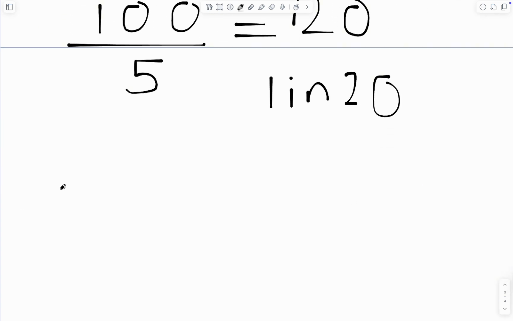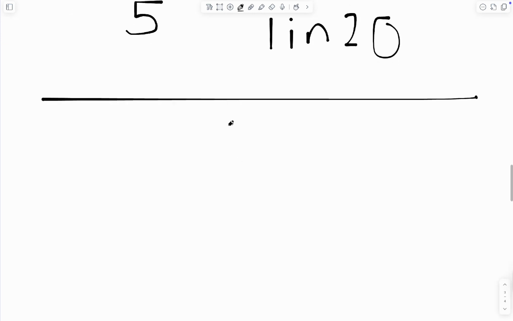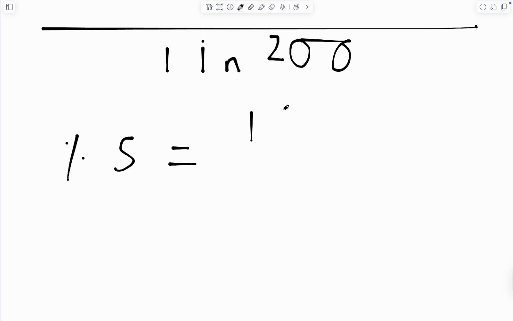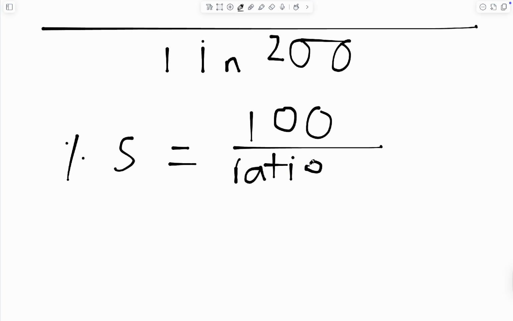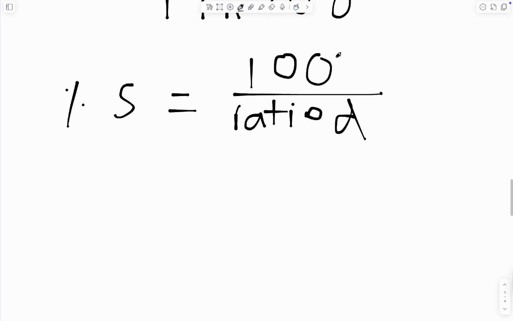Then you need to know how to get from this ratio back into a percentage strength. Let's say I've got a solution that is 1 in 200, and I want to convert it back into a percentage strength. The equation I would use for this is percentage strength, I'll just put percentage S for the sake of time, equals 100 on the top, but your denominator is going to be your ratio denominator, so I'll just put ratio D. Our ratio denominator in this case is 200.